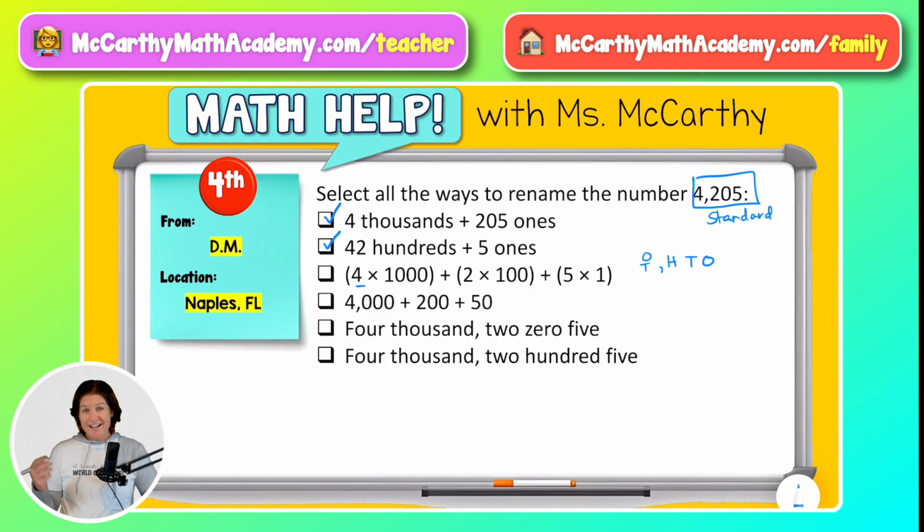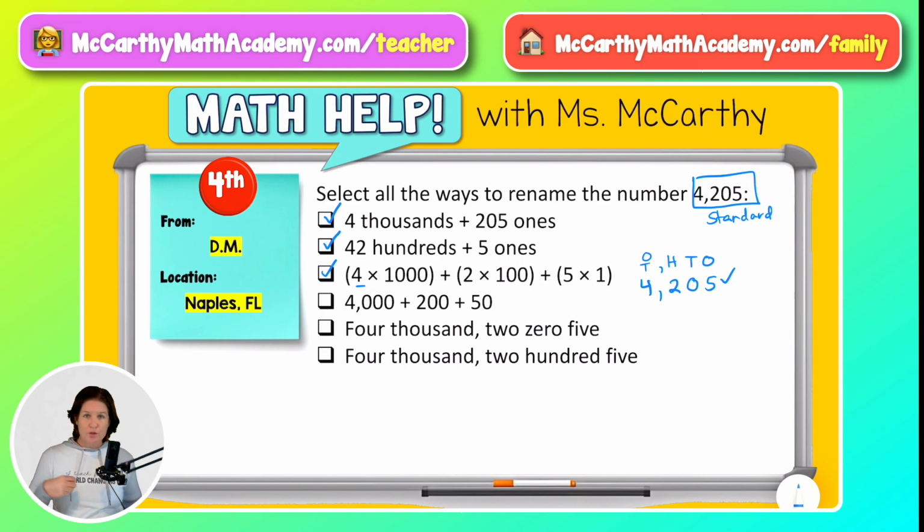So a 4 in the thousands place is right there. And then we have a 2 in the hundreds place. Got it. And a 5 in the ones place. Got it. And we don't have anything in the tens place. We need to make sure that we fill that with a 0 though. And when we do that, we get 4,205. So that is correct.